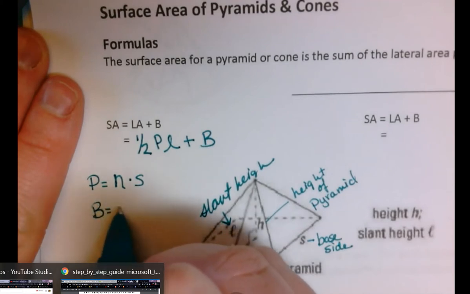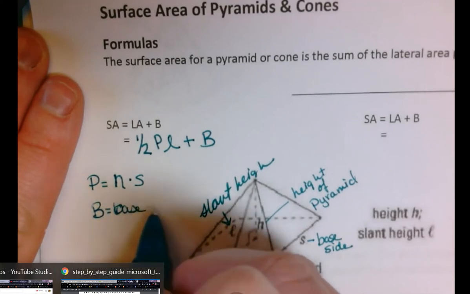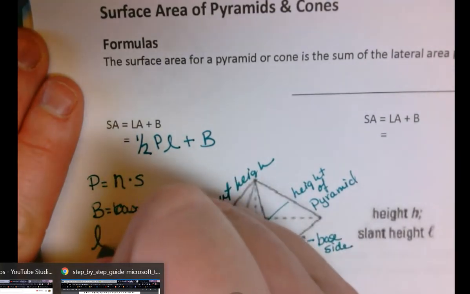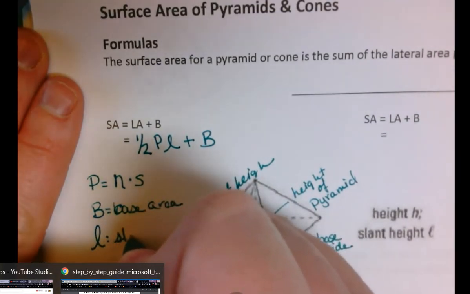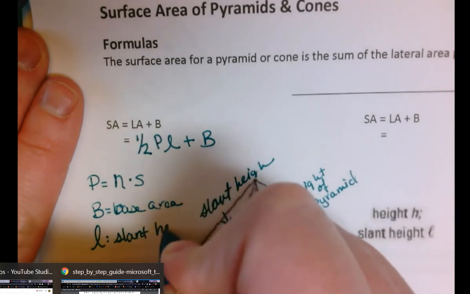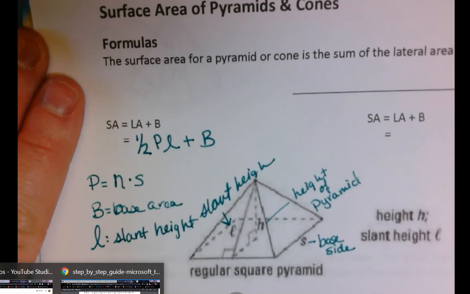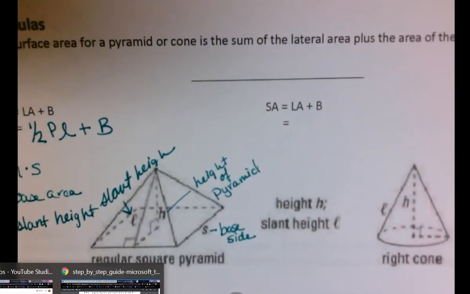Base is your base area. And L, cursive L, is your slant height, which is the height of the triangle that slants. So that your triangle slants is the best way to remember it. Which it also says here as well.